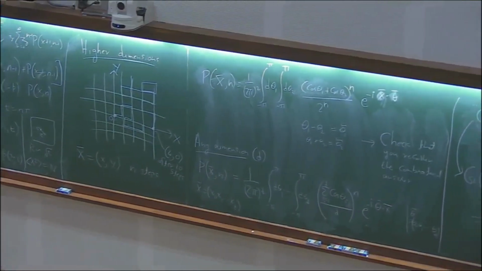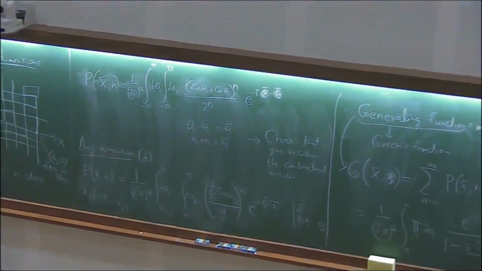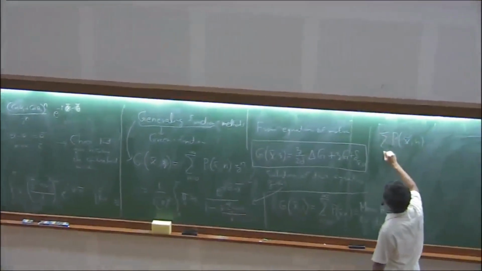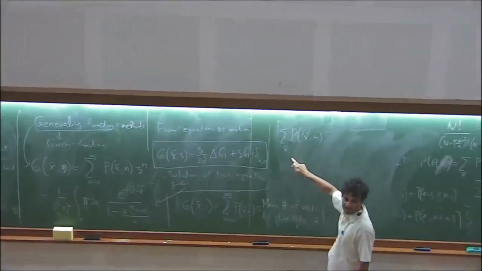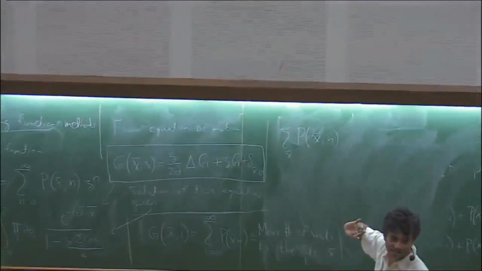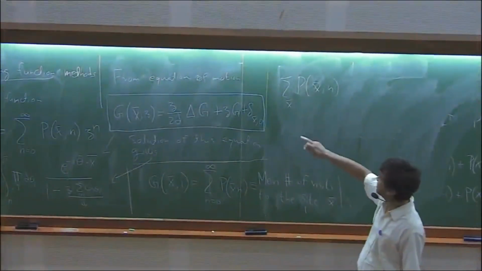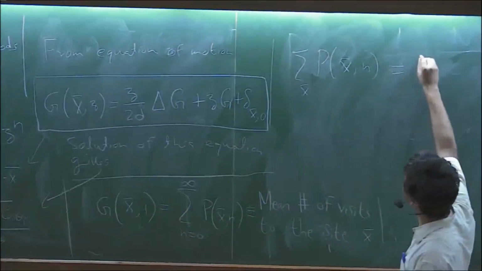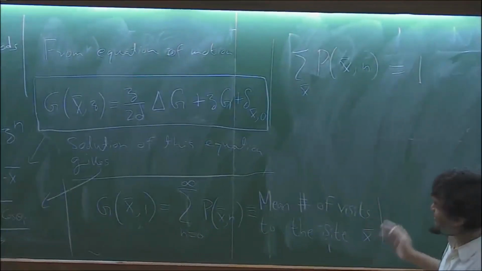One thing you should not be confused about is P of x bar n summed over x bar. If I sum over all possible lattice sites, what is this? This is one, right? Because this has to be normalized.